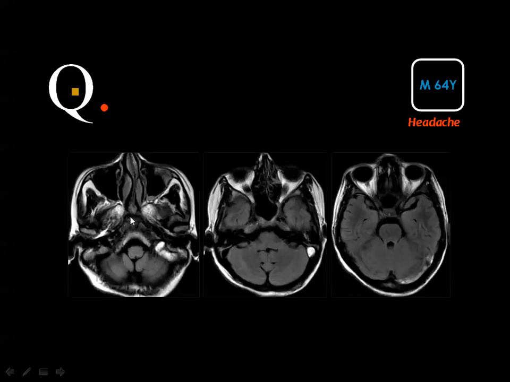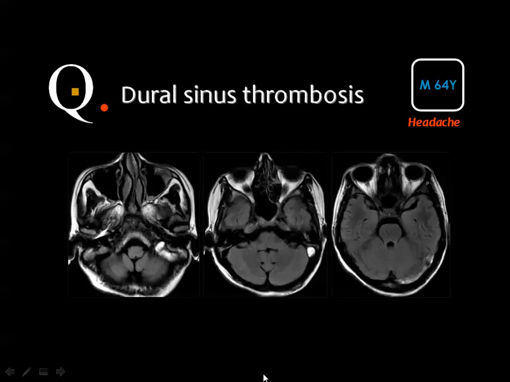Left. Yes, and this is high signal intensity corresponding to the dural sinuses. This is the sigmoid sinus, and this is the internal jugular vein, and this is the transverse sinus. Whenever you see persistent high signal intensity in the dural sinuses, it means dural sinus thrombosis. The most common presenting symptom of dural sinus thrombosis is headache, followed by seizures.